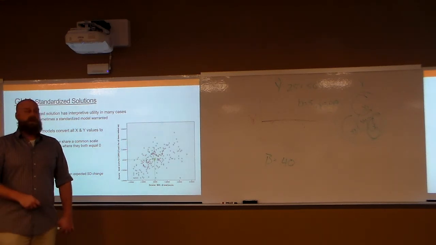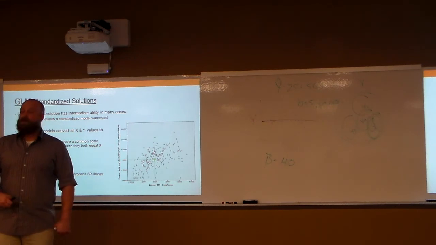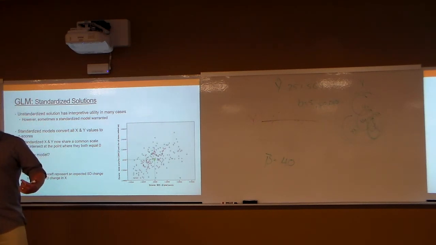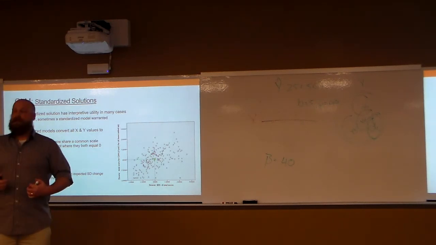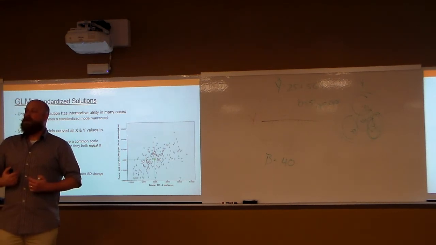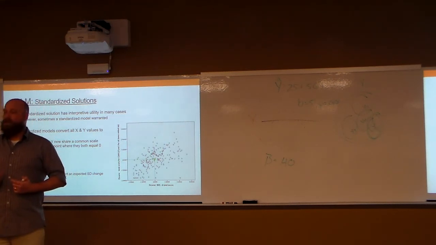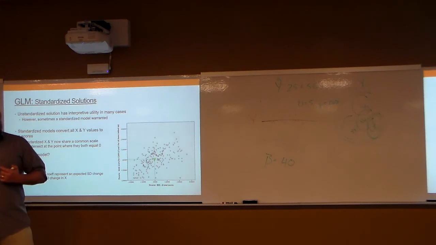So standardized solutions put things on a common metric. I understand in general what a standard deviation change is. That's quite a bit. And so it helps me gauge the practical implications for my research and tie more meaning to it.